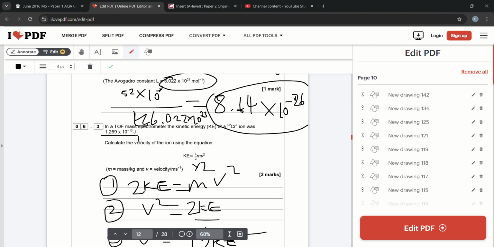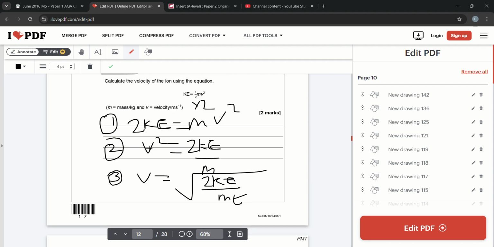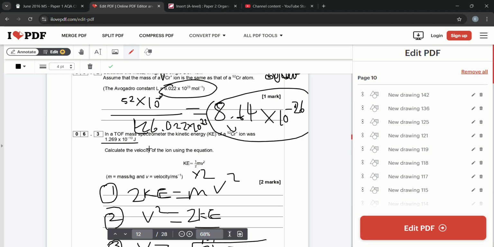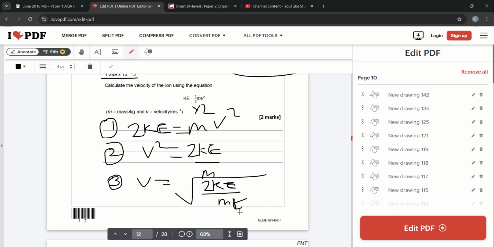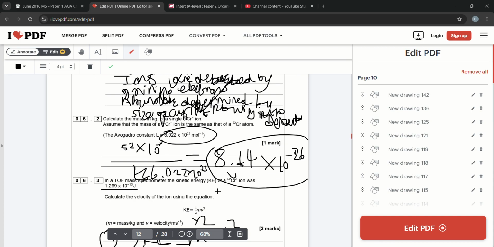We're given the kinetic energy, and m is just the mass of the ion, because it says of that same ion, which is the mass in kilograms. So it's going to be the square root of 2 times the kinetic energy, 1.269 times 10 to the power minus 13, divided by the mass of the ion, which is 8.64 times 10 to the power minus 26.